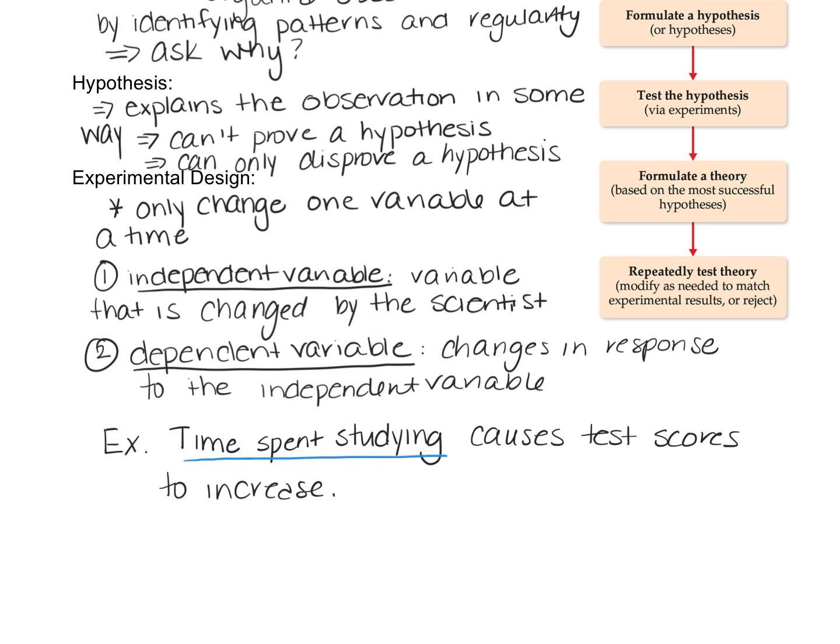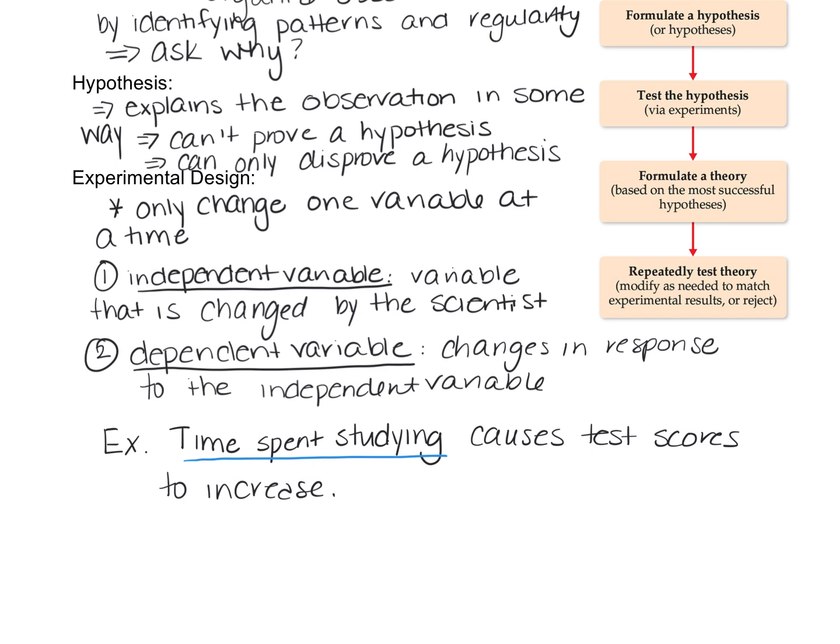So if you're setting up a study to test to see if more time spent studying causes test scores to increase, you would maybe create 3 groups where one took a test and they didn't have any time to study, one took a test and they had 3 hours to study, and one took a test and they had 6 hours to study, to see if that caused the test scores to increase.